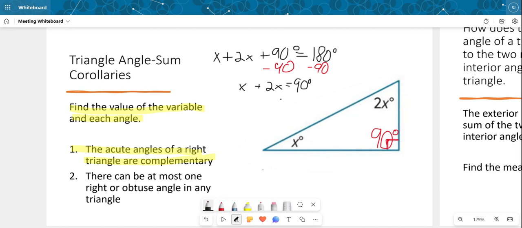So, continuing on with our problem, x plus 2x is 90 in this case. Well, we can add those. We can get 3x is 90, or x is 30. Since x is 30, that means this bottom left angle is 30 degrees, and the top angle up here is actually 60 degrees.